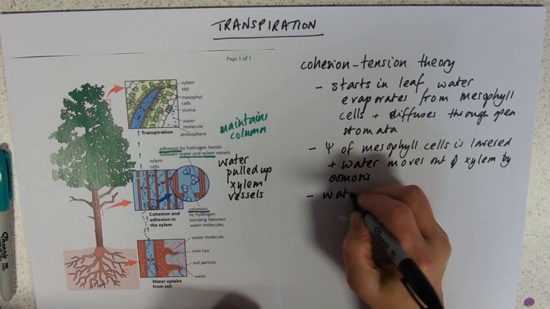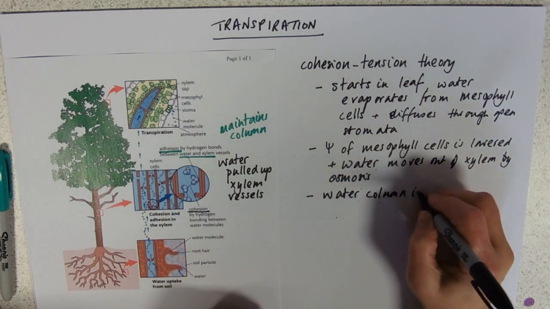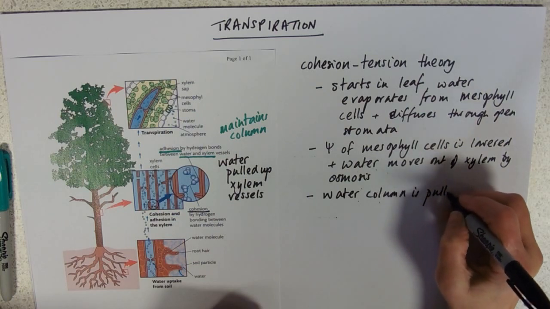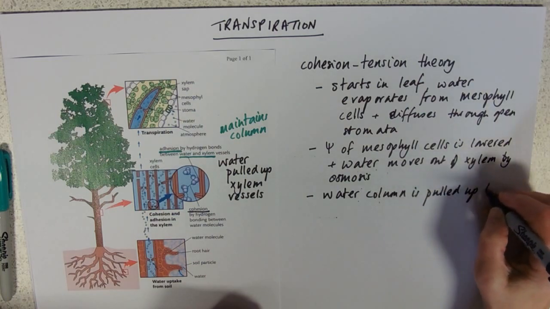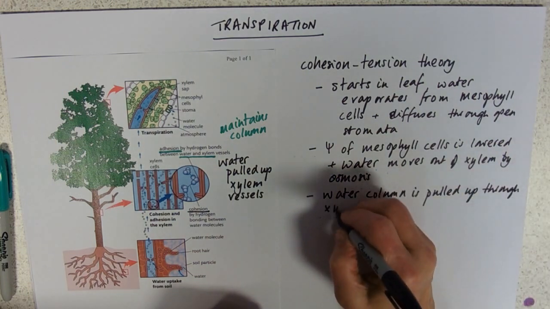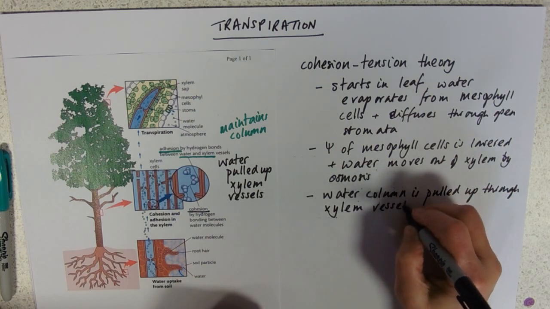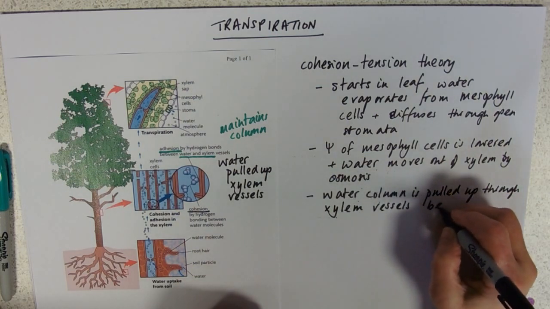And what that does is a water column is pulled up through xylem vessels. Why?